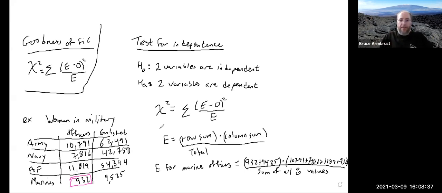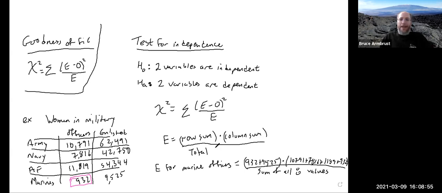But here's the real question. Why this formula? Where is this formula actually coming from? And it turns out that that was the formula that we had for probabilities of independent events.